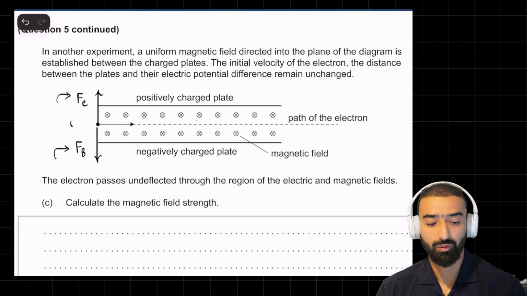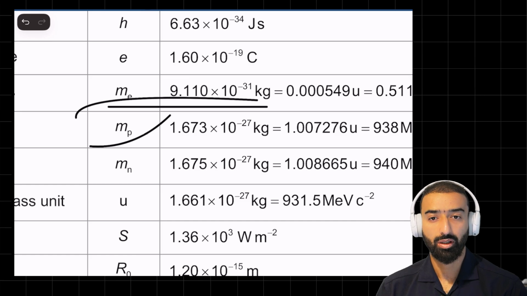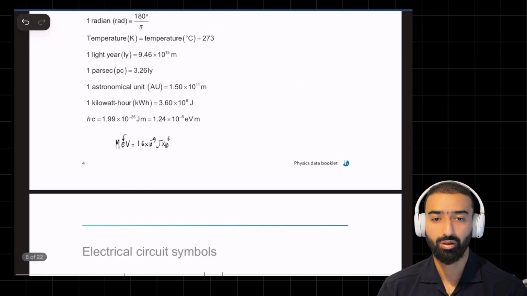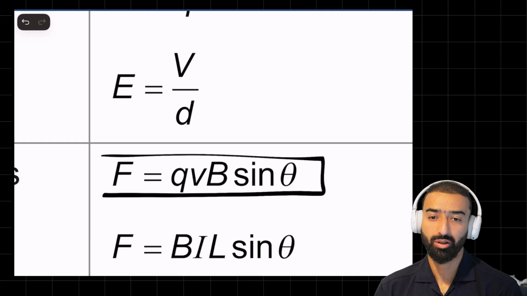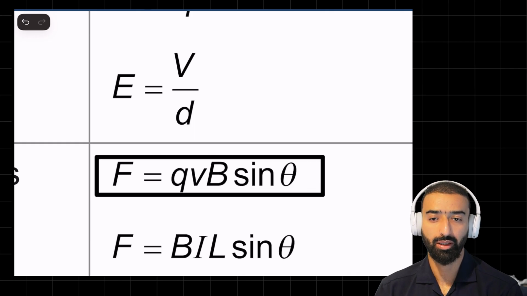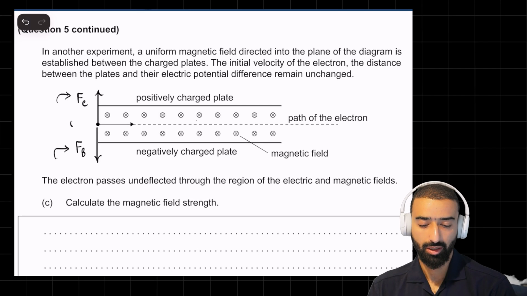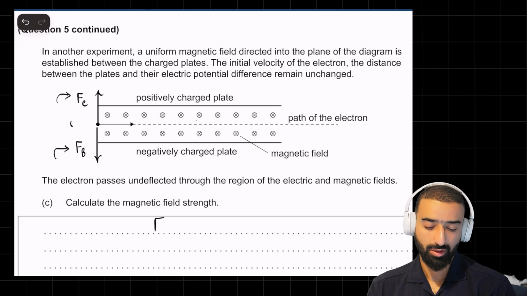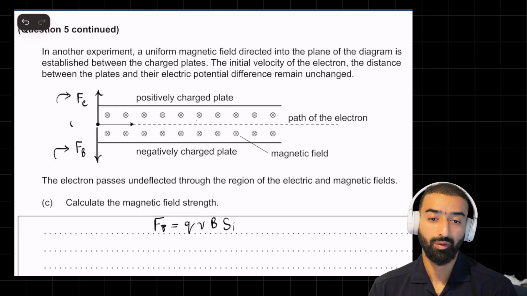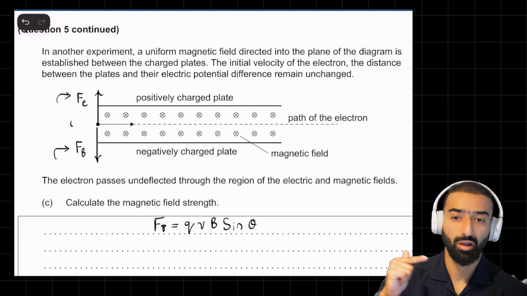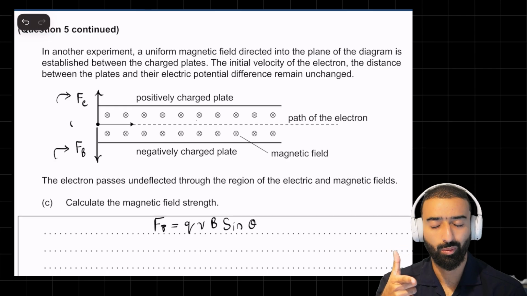To find the magnetic force, let's use the equation given in our data booklet. The equation you'll find over here: F equals QVB sine theta. So let's copy that equation. The magnetic force would be Q, the charge of the electron, velocity of the electron, magnetic field strength, sine of the angle between the velocity vector and the magnetic field vector.